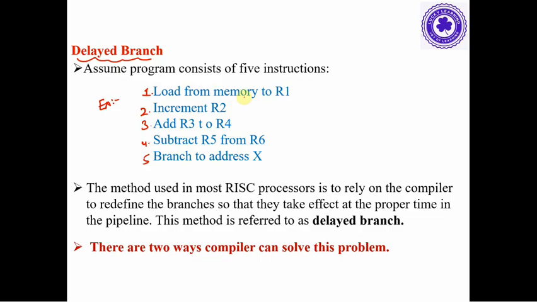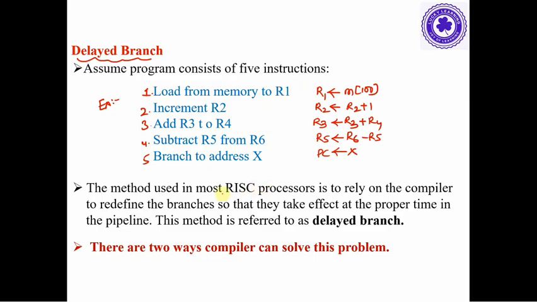That is, load from memory to R1, so R1 is loaded with a memory word; increment R2; add R3 to R4, with the result stored into R3; subtract R5 from R6, with the result stored into R5; and branch to address X, meaning address X is copied into PC. So these are the 5 instructions.